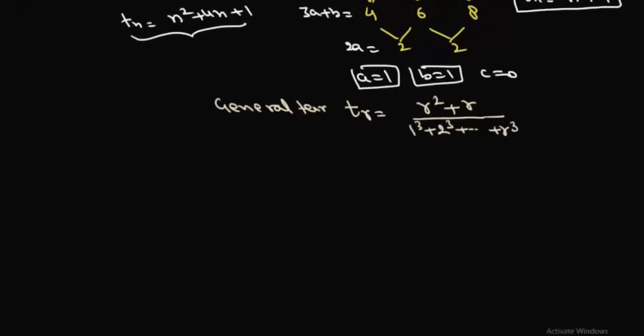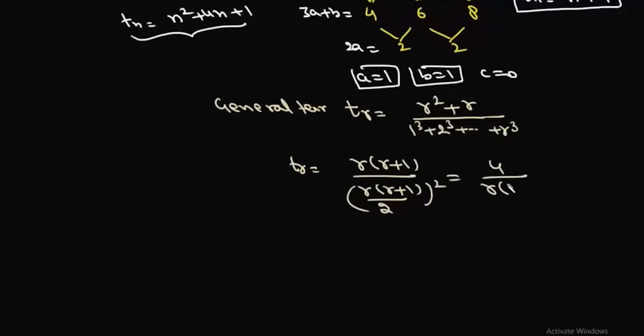Now we can write this as T_r equals r into r plus 1, over r plus 1 by 2 whole square. As r plus 1 will cancel, it will be 4 upon r plus 1, which we can also write as T_r equals 4 times 1 upon r minus 1 upon r plus 1.